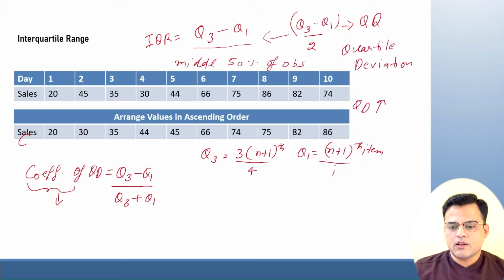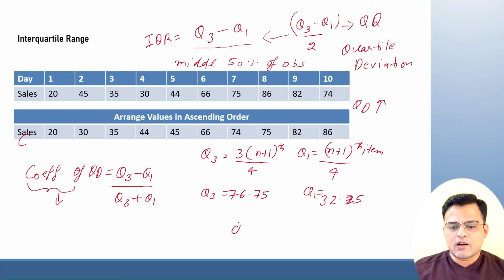So if you put all the values, your Q1 will be 32.25 and your Q3 will be 76.75.